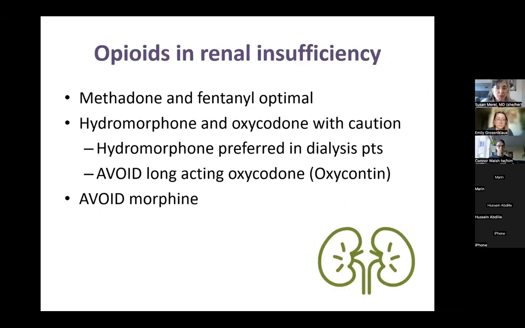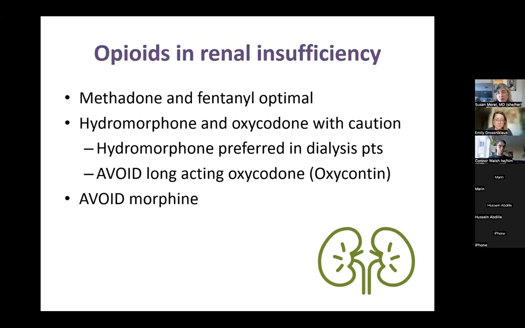So the teaching point here is opioids in renal insufficiency. The best opioids in renal insufficiency are methadone and fentanyl, which is a bummer because methadone is very long acting and difficult to titrate, and fentanyl just comes in IV and in a lollipop, which costs $10, and in a patch. So, as you've already noticed, because so many of your patients have renal insufficiency on the wards, we use hydromorphone and oxycodone.